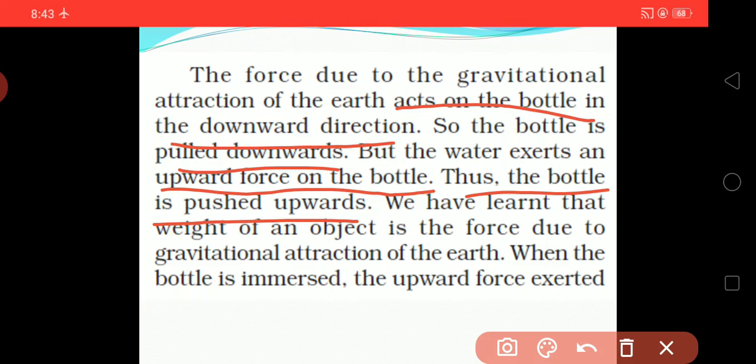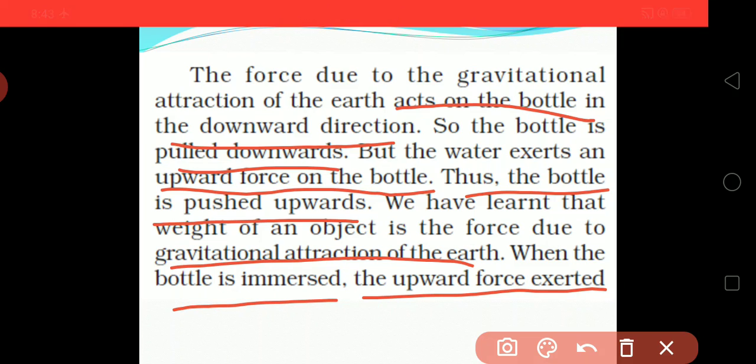If we put a bottle on a limited area of water, it will not sink. We have learned that the weight of an object is the force due to gravitational attraction of the earth. When a bottle is immersed, an upward force is exerted.